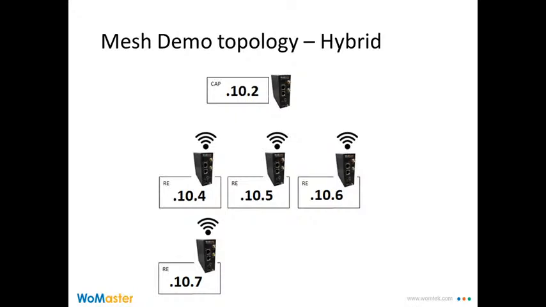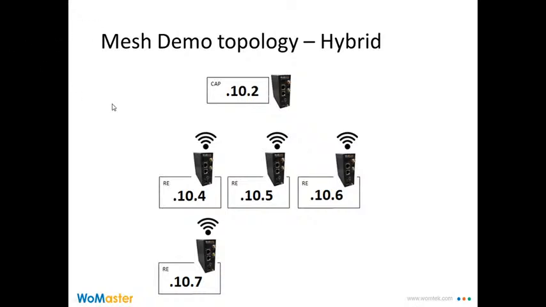At first, this page shows you our demo topology today. You can see we have 5 pieces of WA512GM, and the CAP is .10.2, and we have 4 range extenders, .10.4, .10.5, .10.6, and .10.7.